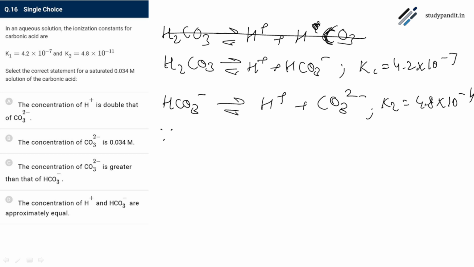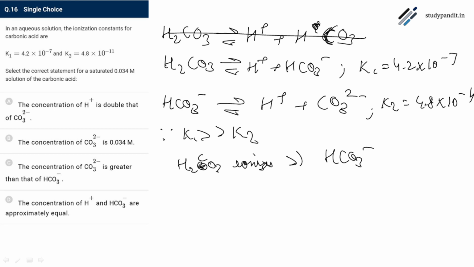Since K1 is much greater than K2, H2CO3 ionizes much more than HCO3 minus. Hence, the contribution of H plus is mostly due to the ionization of carbonic acid.